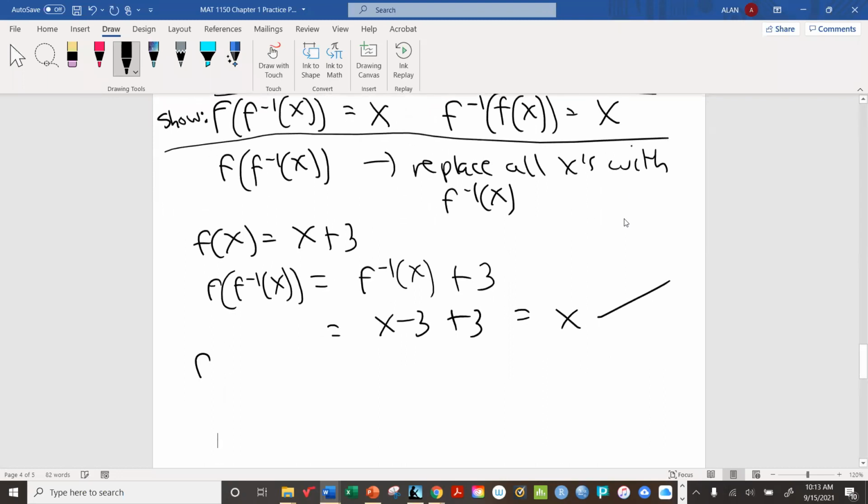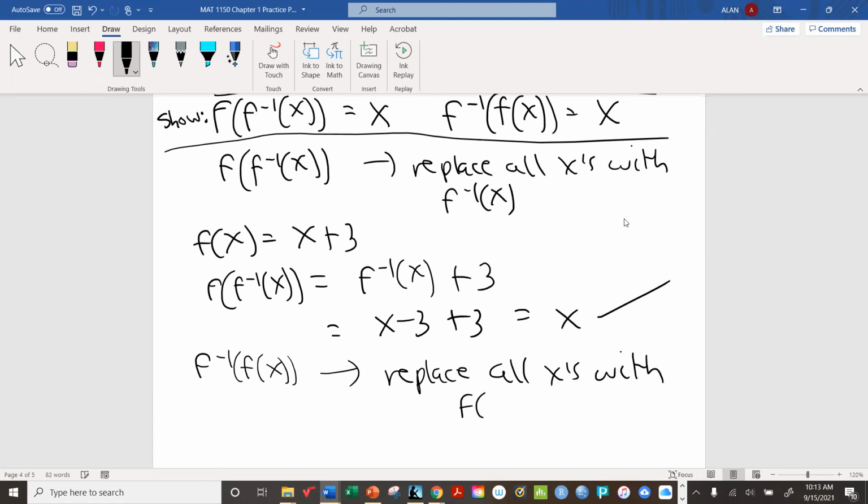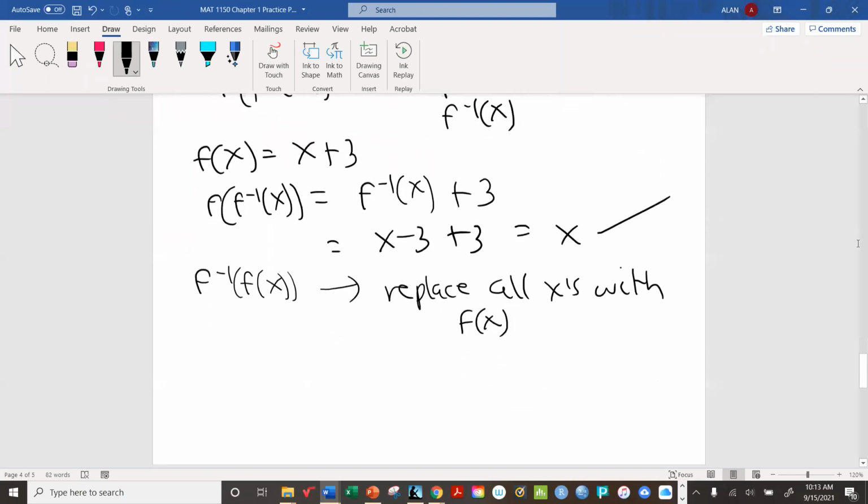And then for this one, f inverse of f of x, replace all x's with f of x. So remember, the inverse function up here was x minus 3.